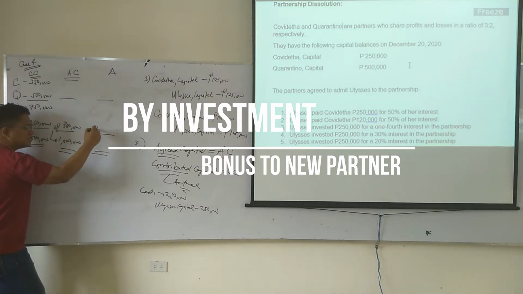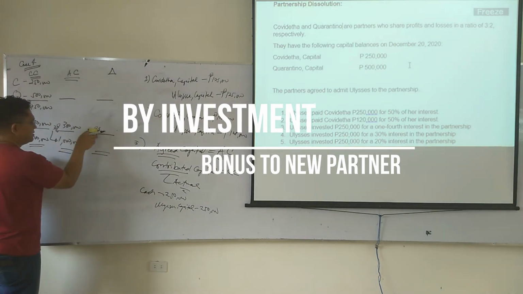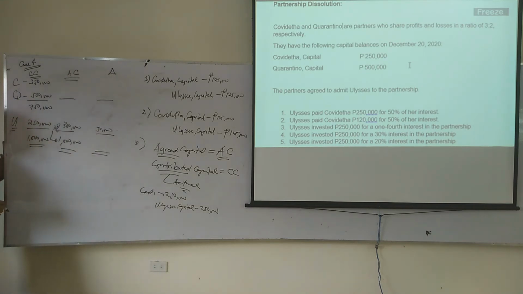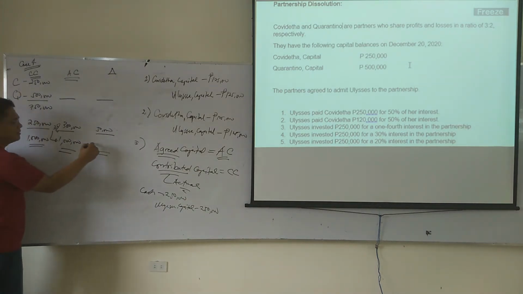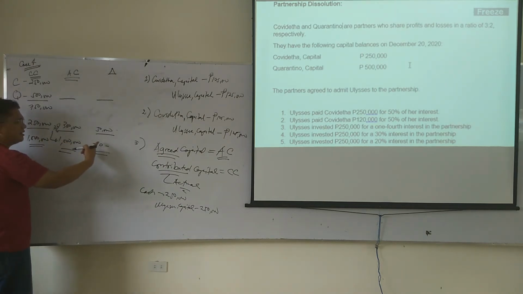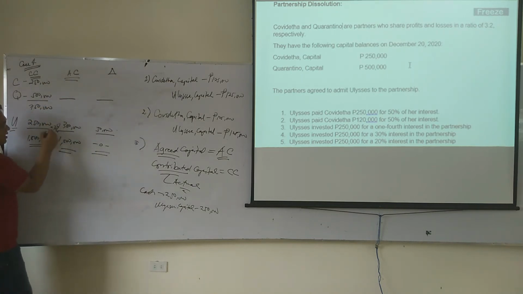So that means Ulysses is gaining 50,000. This 50,000 will be coming from the old partners, because if Ulysses is getting 30%, that means the remaining partners are only getting 70% of the partnership's assets, as well as, of course, partners' equity.